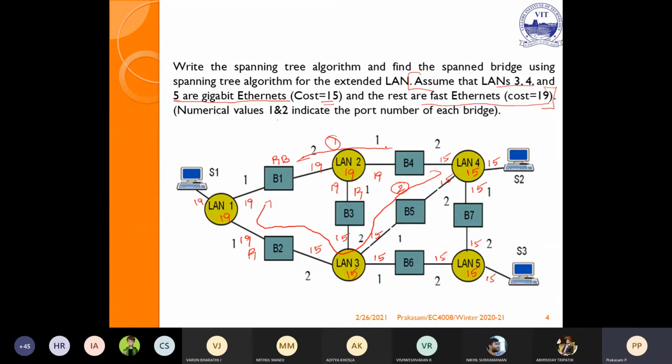From B4 1 to B1, 19 plus 19, 38. The other path is 15, 30, 45, 60 plus 38, so 98.